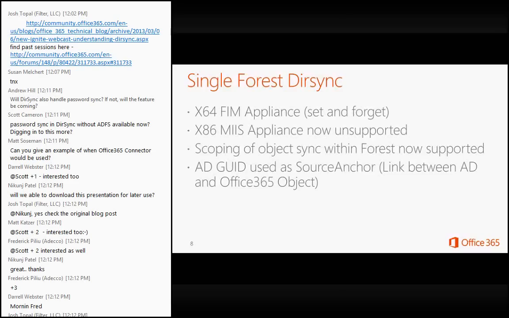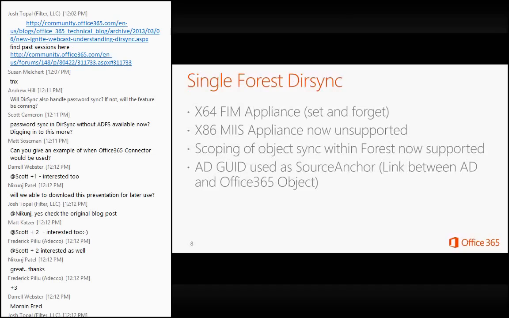So we mentioned scoping earlier, so we can now scope and filter our objects from on-premise to Office 365. Essentially, that means you can filter out specific objects or OUs, for example, from synchronizing up into Office 365.